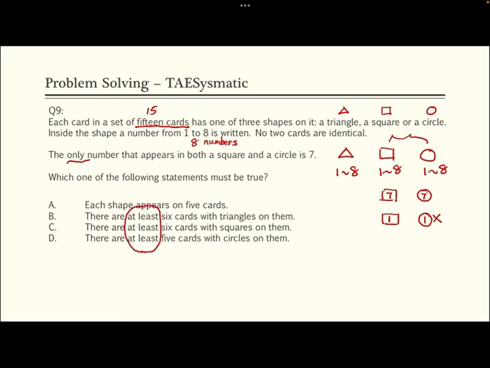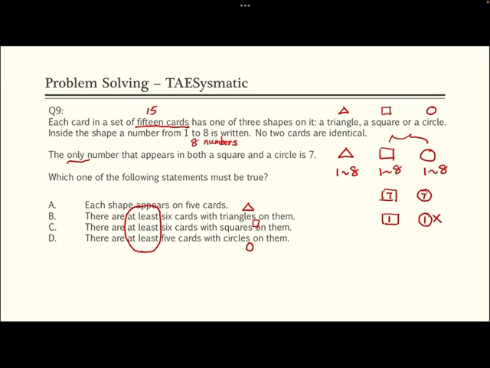Since they're asking at least how many cards with different shapes, either triangle, square, or circle, we'll think about this.